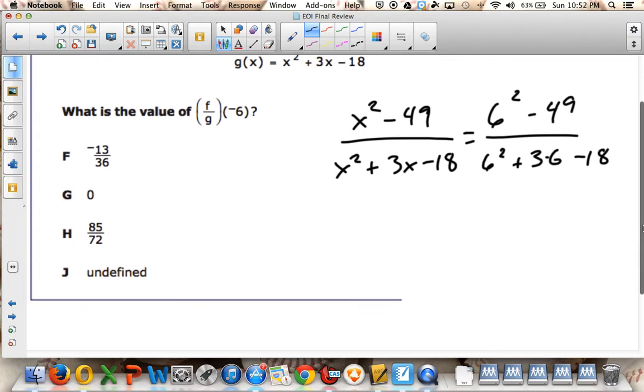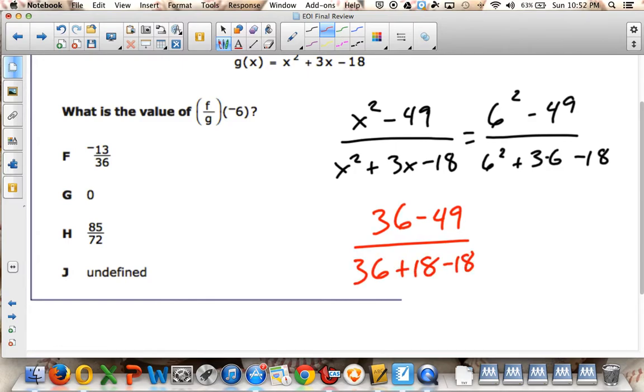So I have 36 minus 49 over 36 plus 18 minus 18. When I plug that all in, I get negative 13 divided by 36. The 18s cancel off, and that's what I have.